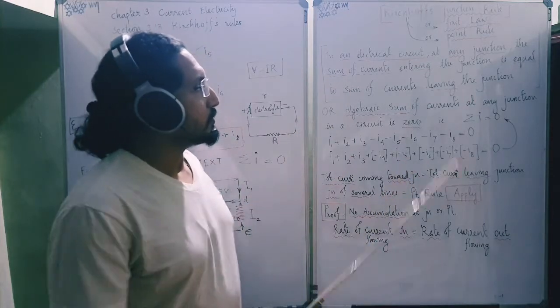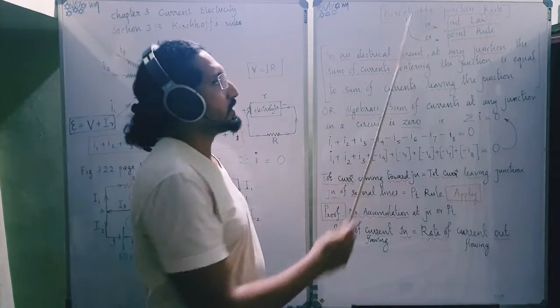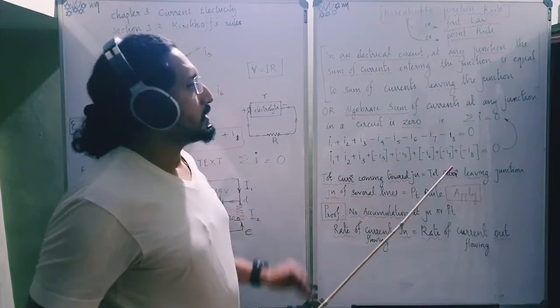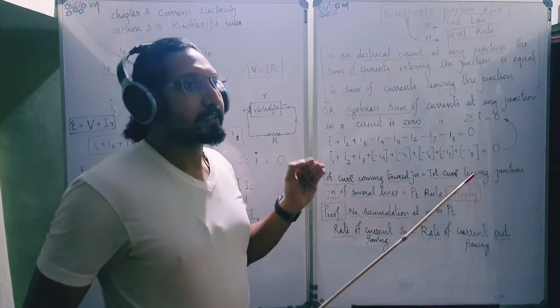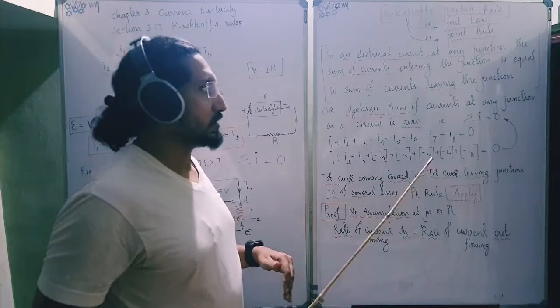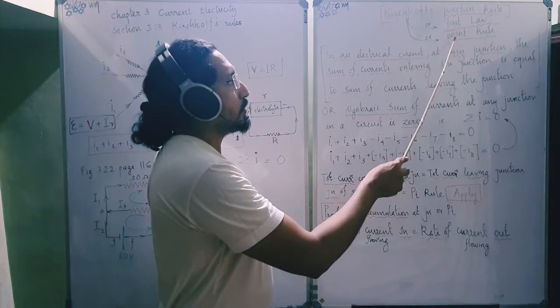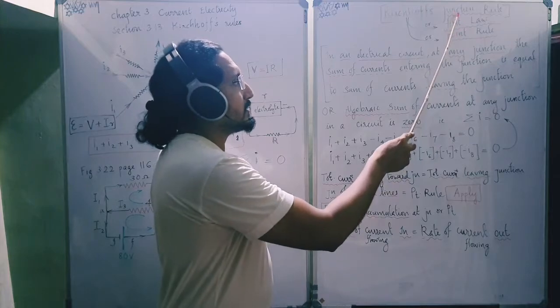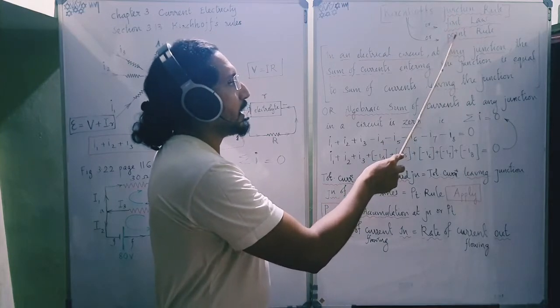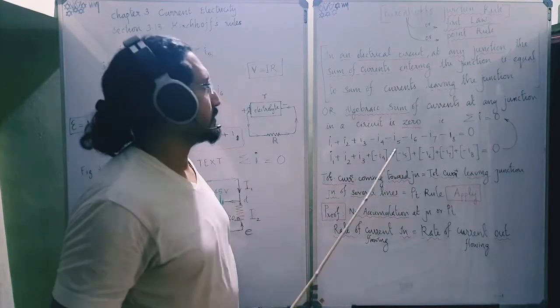Kirchhoff's junction rule, as it is written over here, deals with complicated electrical circuits having lots of junctions, isn't it? The other names, the first law or the point rule, what is this? This junction is the same as this point. It is synonymous.